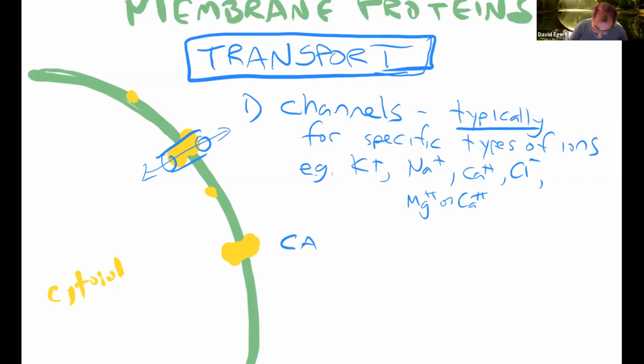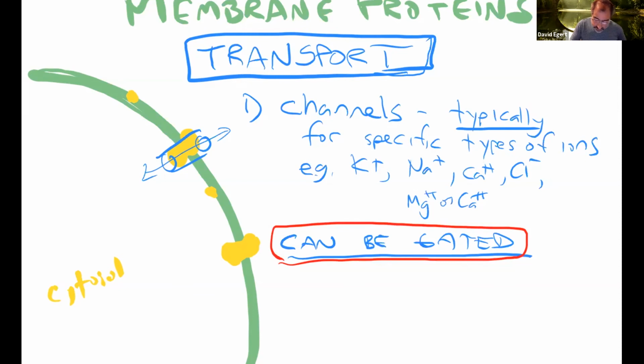These can be gated. This is going to be super important. Sometimes they're just open all the time, and things will move based on their concentration gradient.